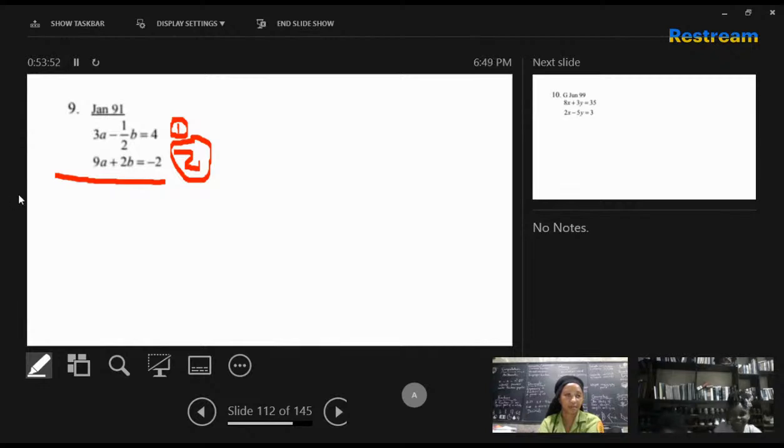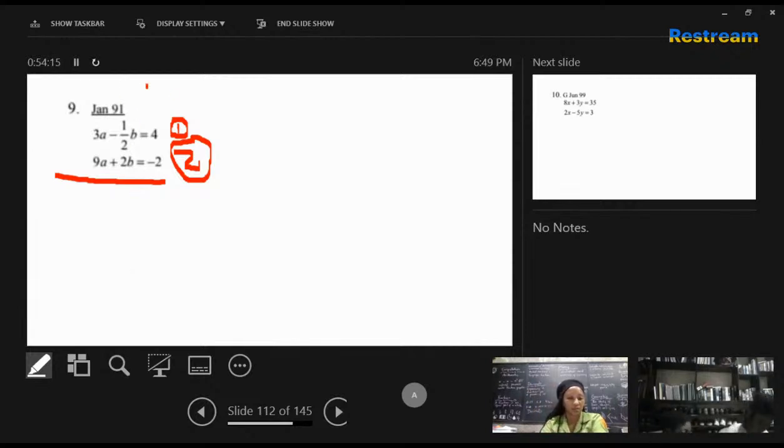So using substitution, so we're going to say we're using substitution. Okay, elimination then, because none of them has a coefficient of 1. You could, but it's going to become complicated.